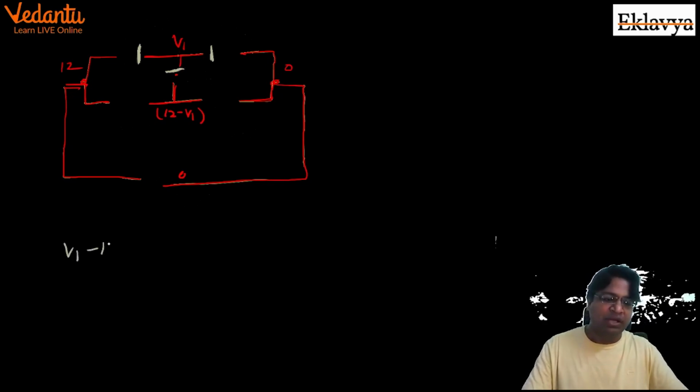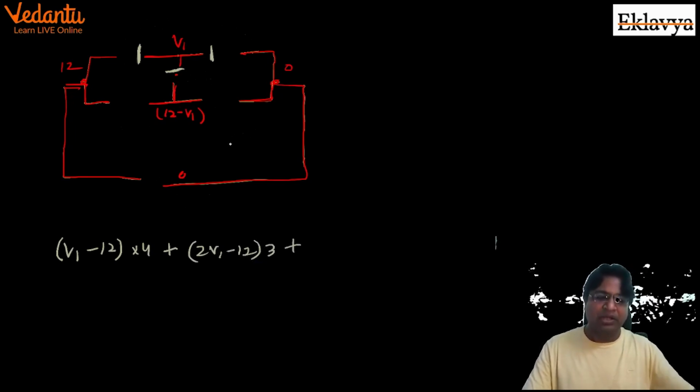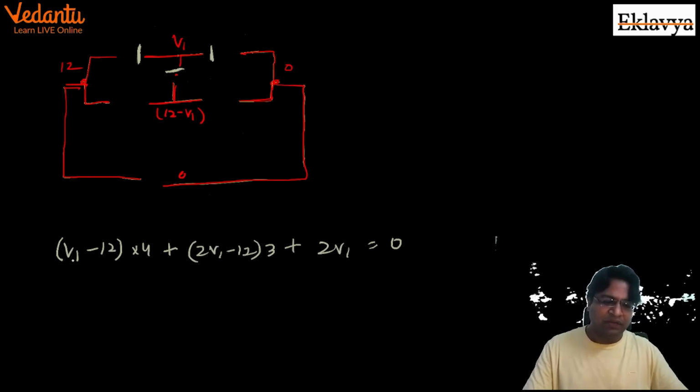So V1 minus 12, the potential difference across these two plates, into the capacitance 4, plus V1 minus 12 minus V1, that is 2V1 minus 12, multiplied by 3, and then V1 minus 0 into 2, that is 2V1, equals 0. From here we get 4V1, 6V1, and 2V1, so 12V1 equals 48 plus 36.